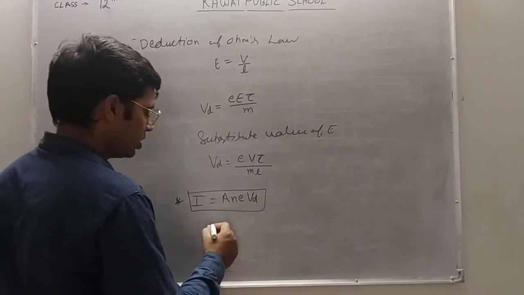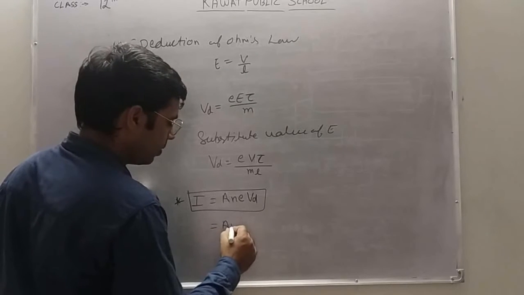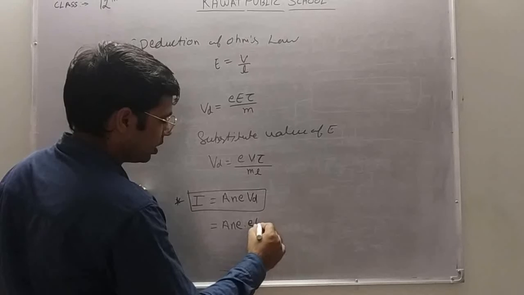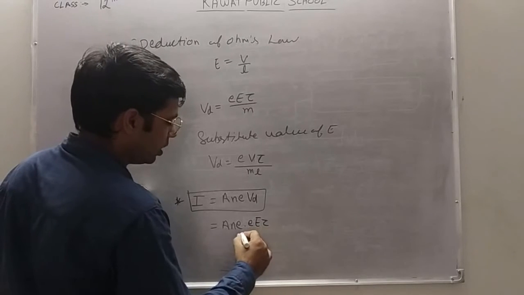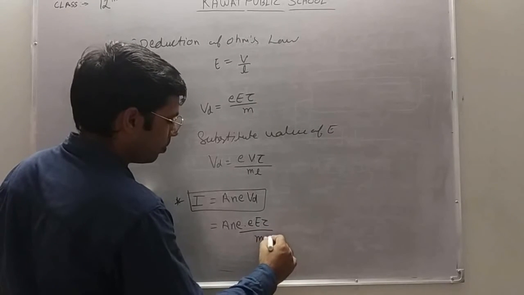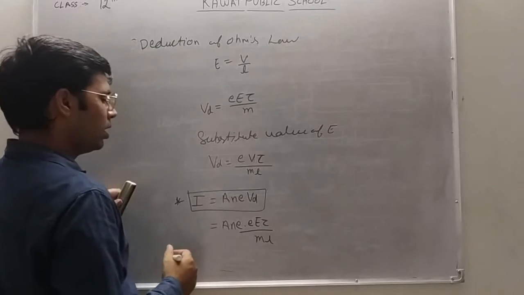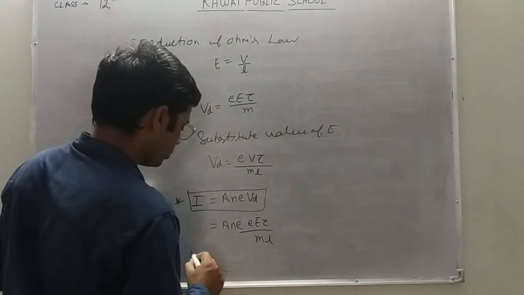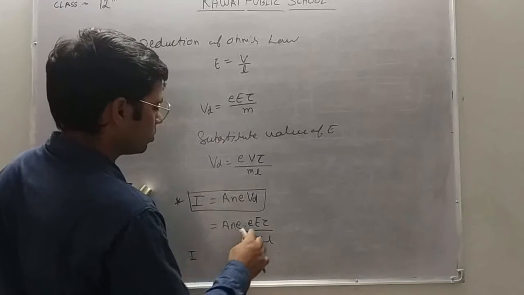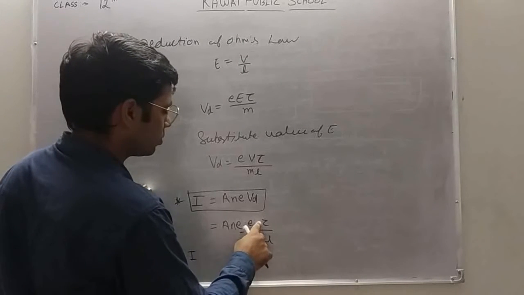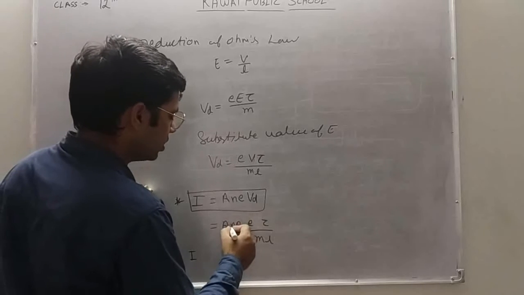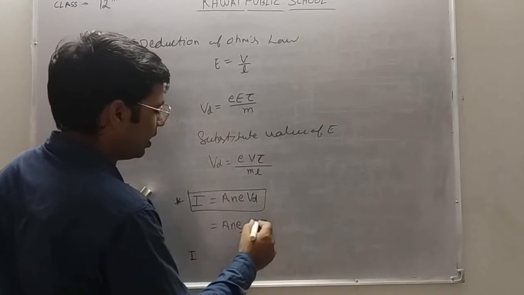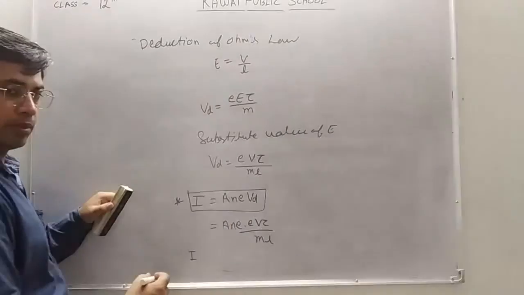This is Ane times eEtau divided by mL, with E replaced by V upon L. So I equals Ane square V tau divided by mL.